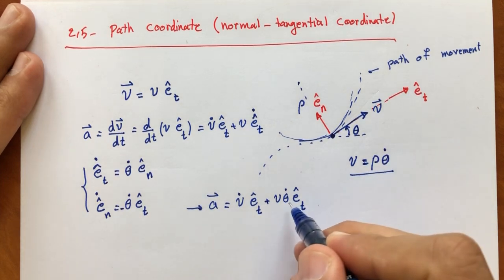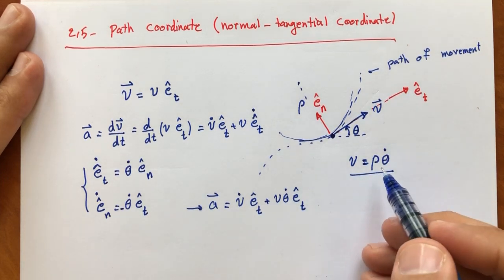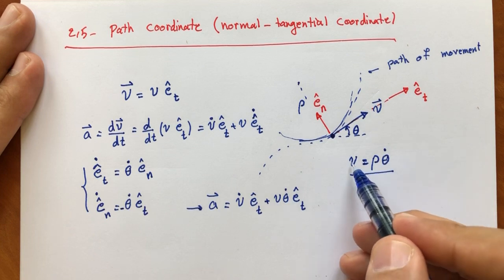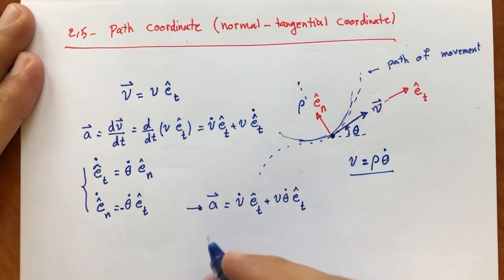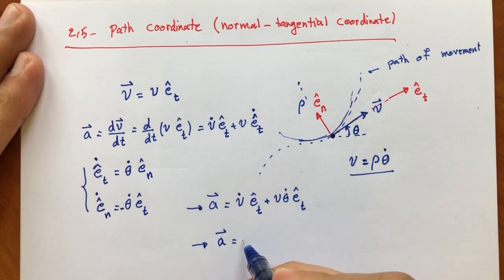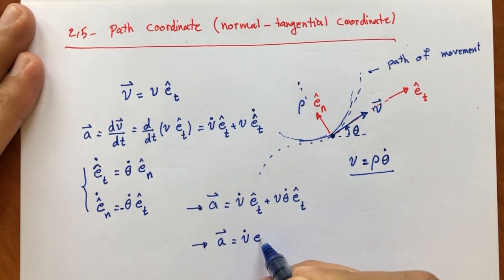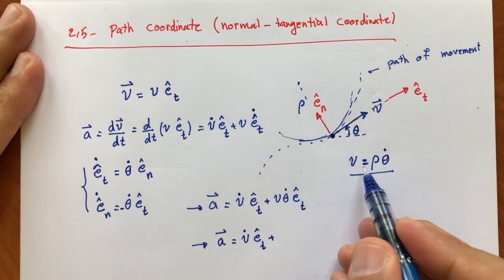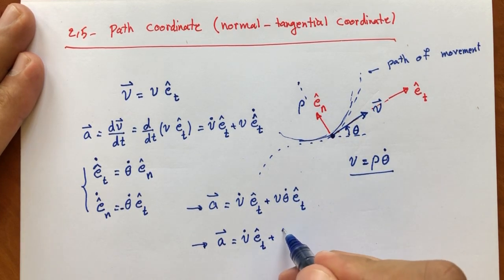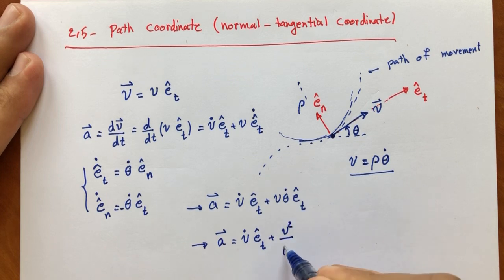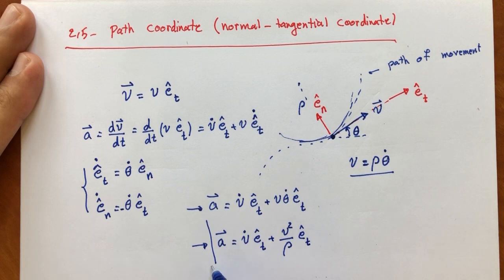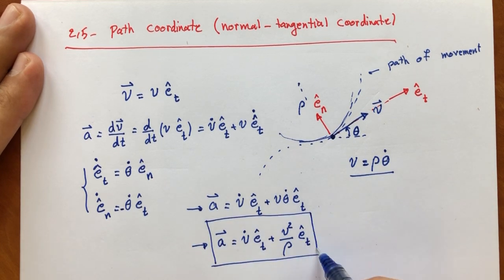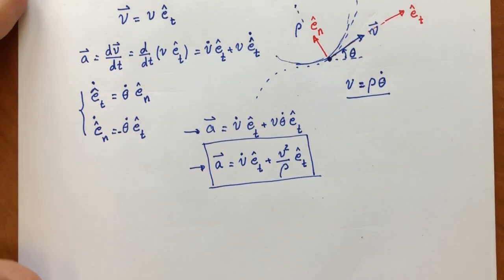If I replace theta dot with v divided by rho, I'm going to have acceleration is equal to v dot times et plus v times v divided by rho, or velocity squared divided by rho times en. This is a very important equation, and I'm going to explain why this is important.